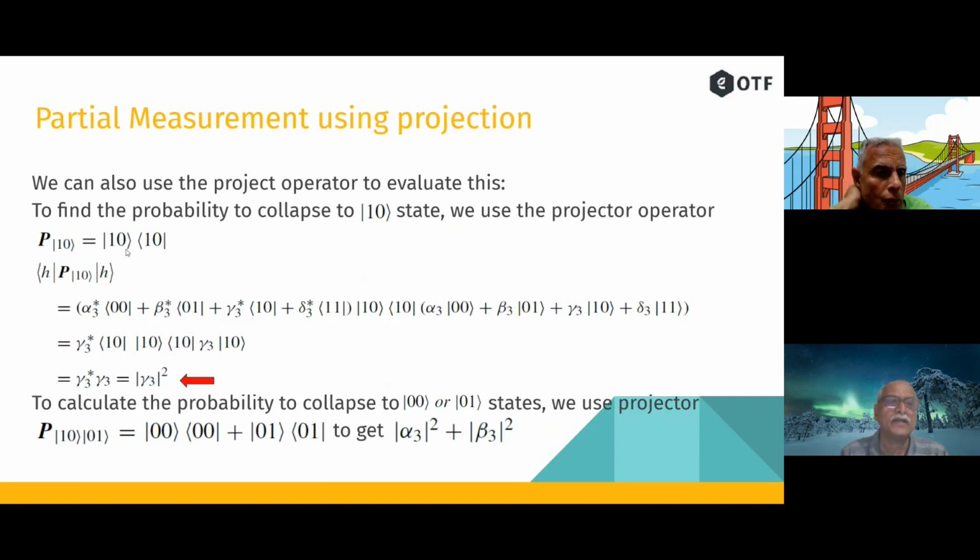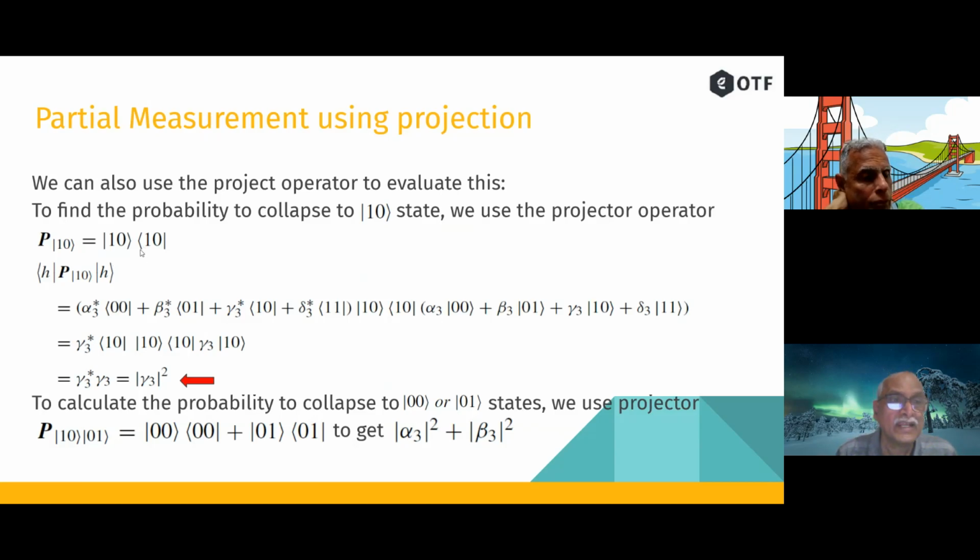It is nothing but, let's say, 10 bra and 10 ket, right? Actually, it is ket bra. Projection is, remember, always the ket followed by a bra. So it's 10 ket followed by 10 bra. So this is my projection operator.